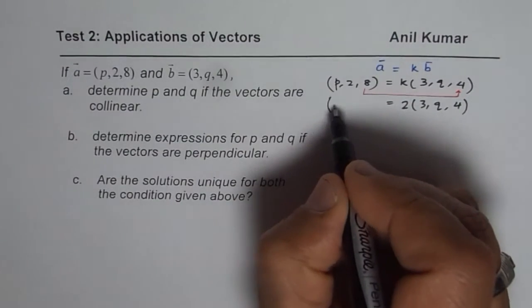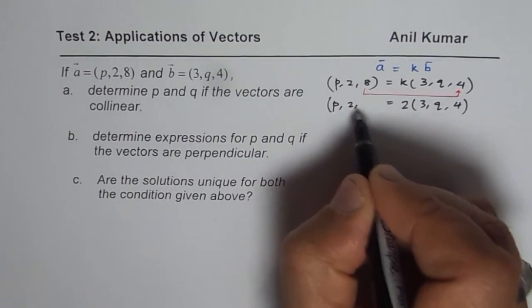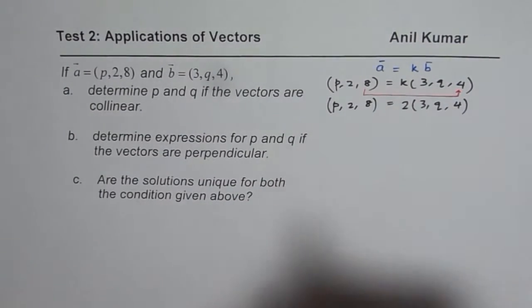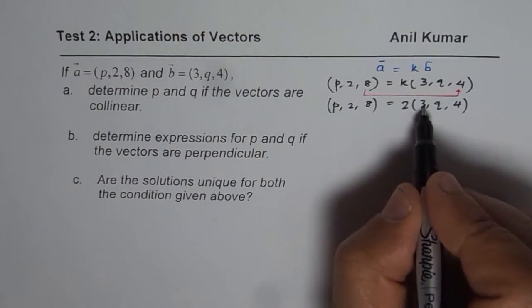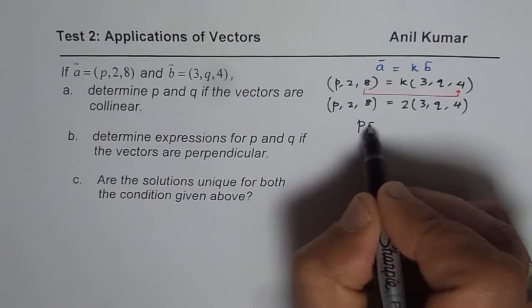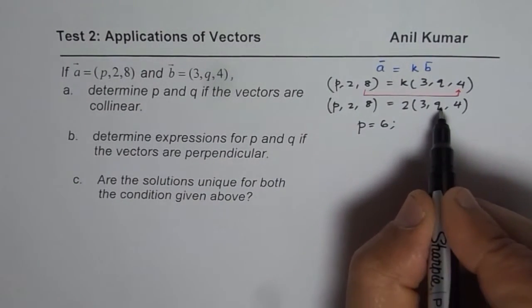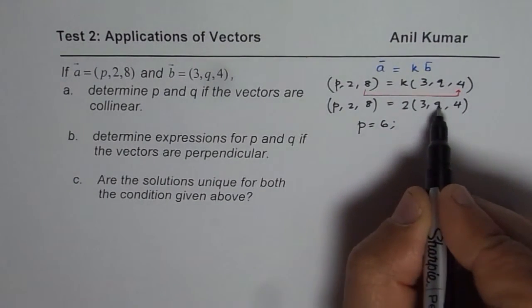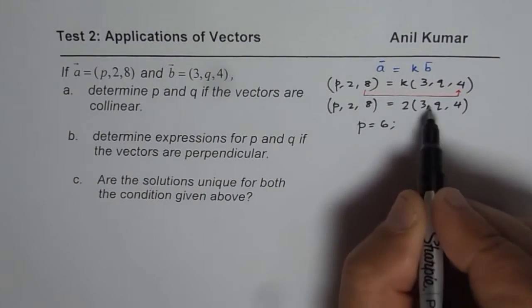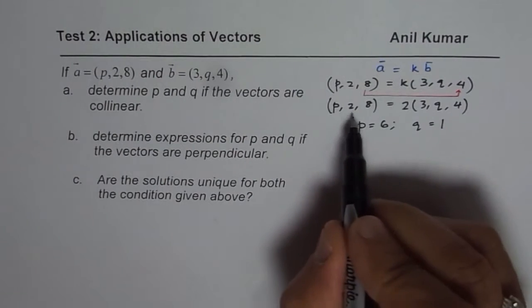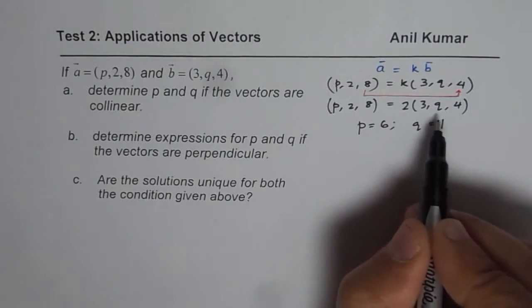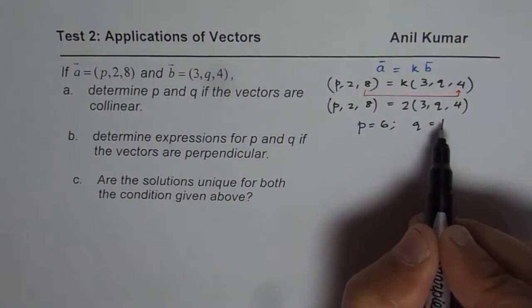Now we can find the corresponding values of P and Q. If you compare, 2 times 3 is 6, so P is equal to 6, and 2 times Q is 2, so Q will be 1. So that is how you can find collinear vectors.